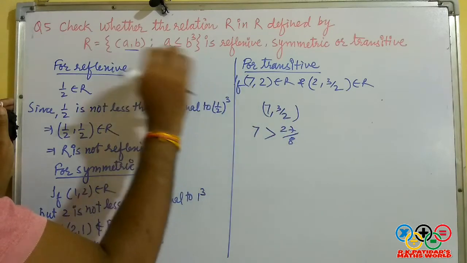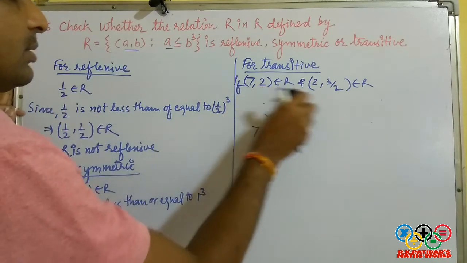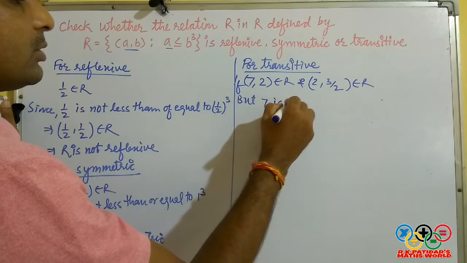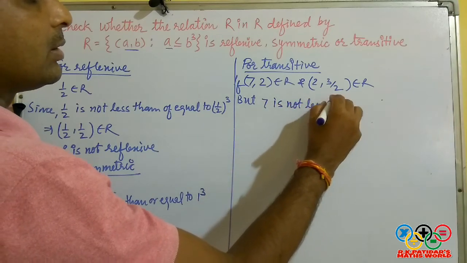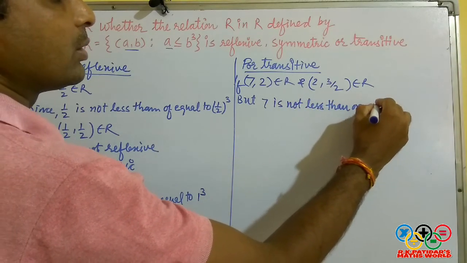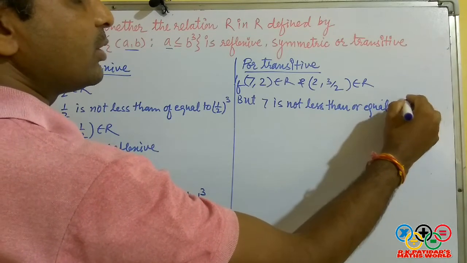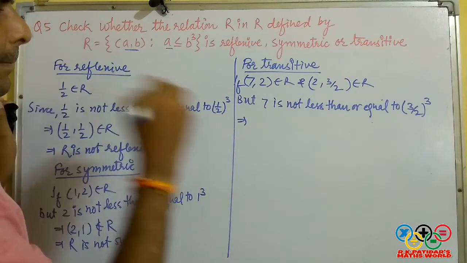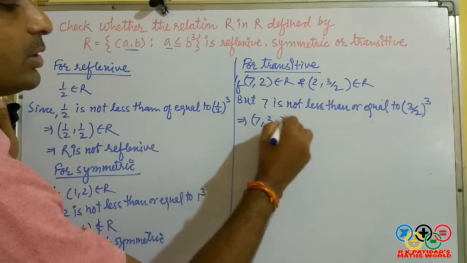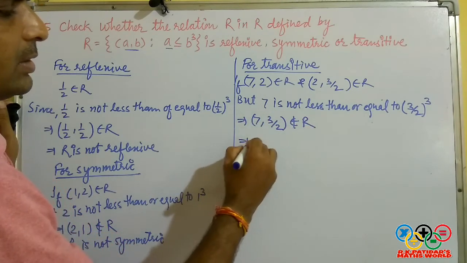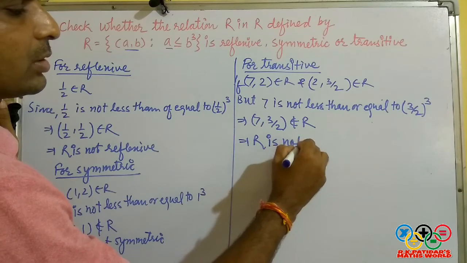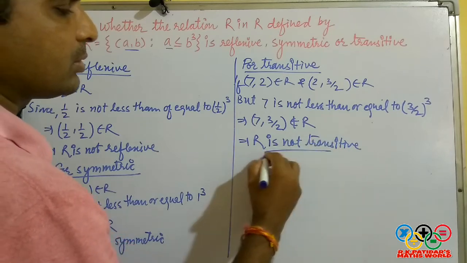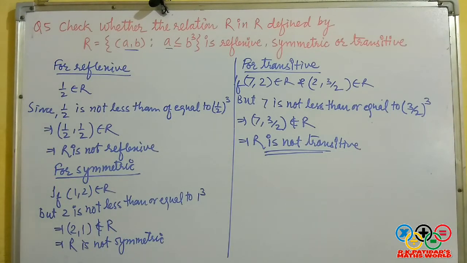So we write here since 7 is not less than or equal to 3 by 2 whole cube, this implies (7, 3 by 2) does not belong to R. This implies R is not transitive. So this relation is not a transitive relation.